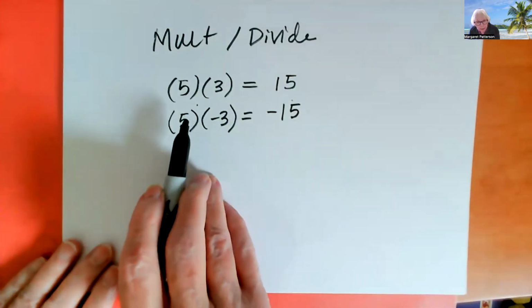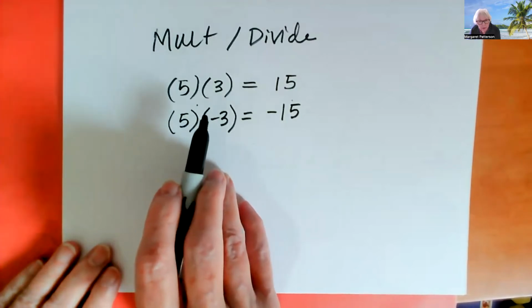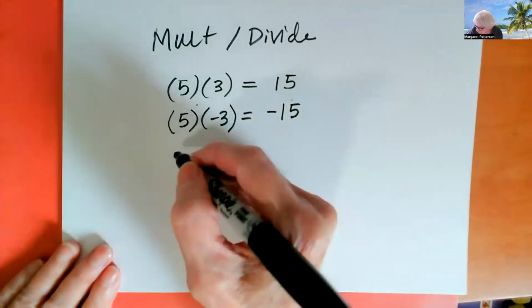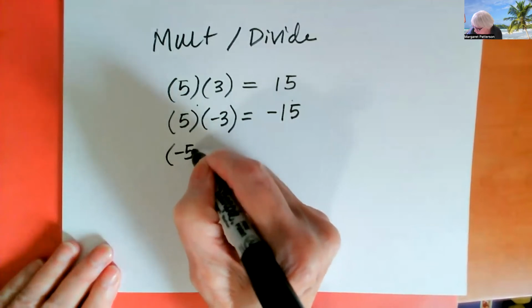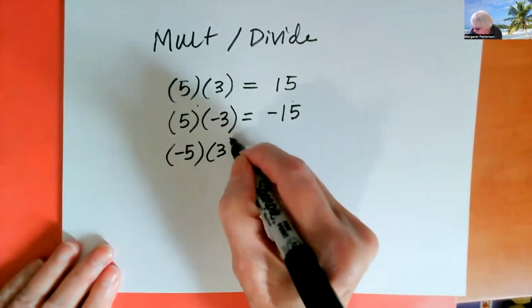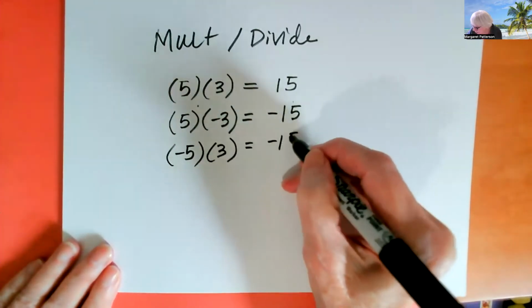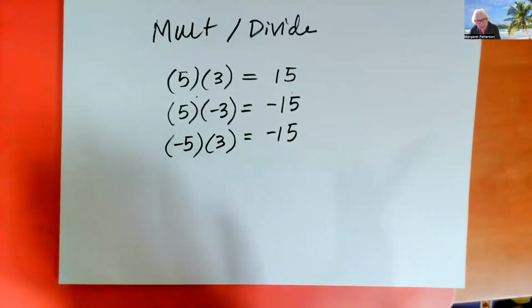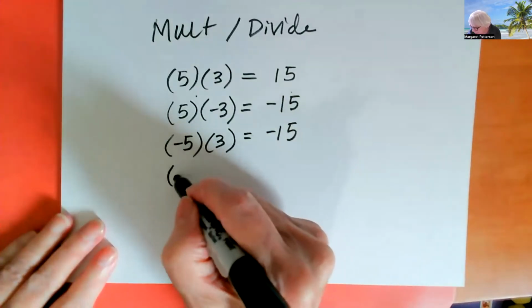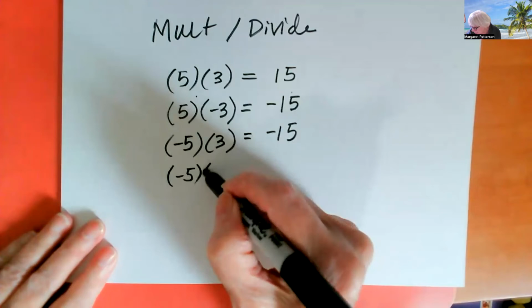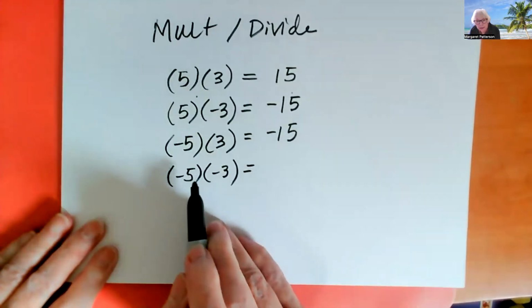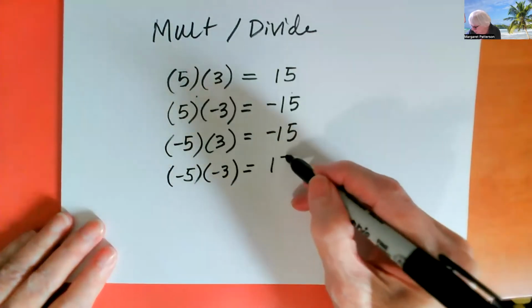And it doesn't matter if the first one's positive or the second one's negative, or, you know, if there's one negative here, let me just switch the order here. It's still negative. And to complete this series, a negative times a negative is a positive.